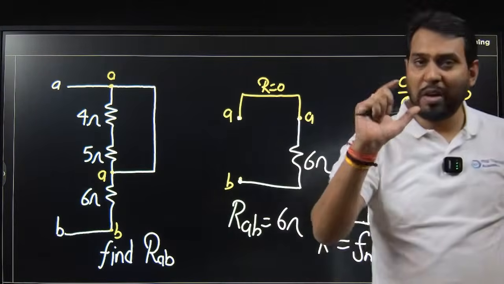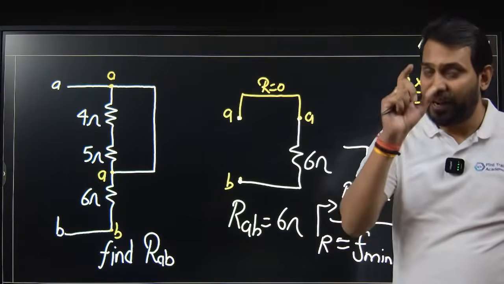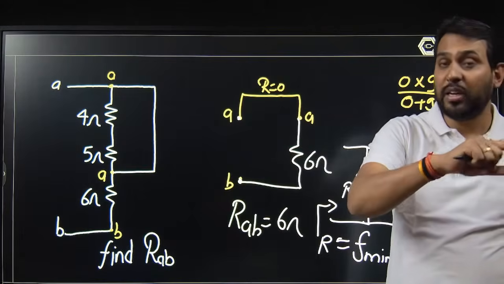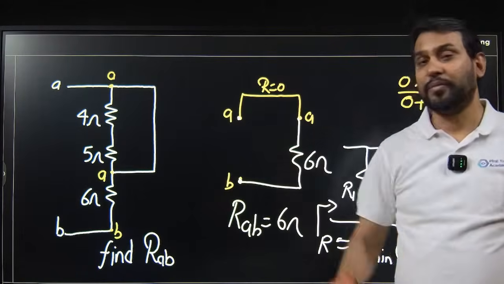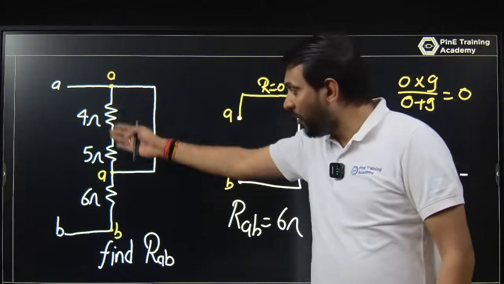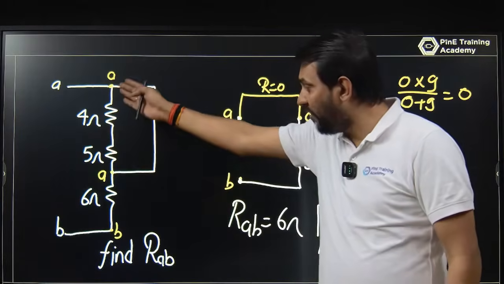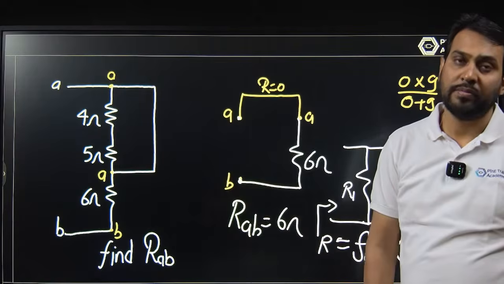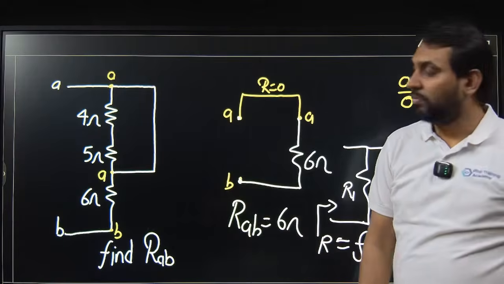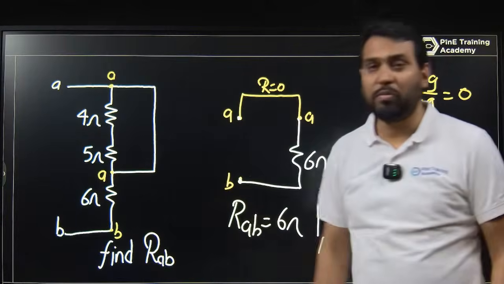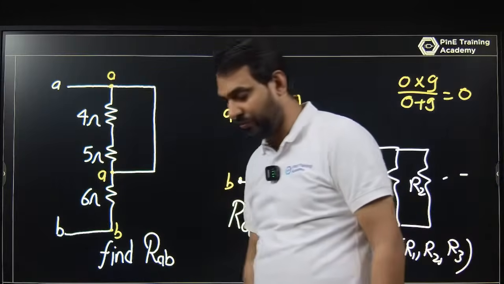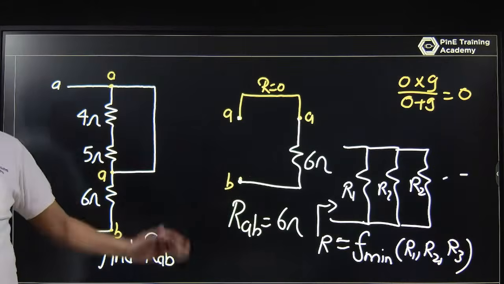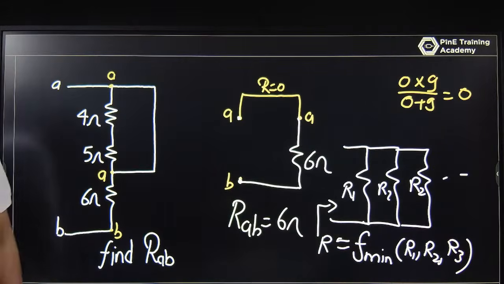Whenever you have a short circuit path, that impedance is 0, the current will pass through that, and the parallel circuit will be eliminated. Between them, 4 and 5 make 9, and if they are shorted, there is no meaning of 4 and 5. Only that impedance matters, RAB is 6 ohm. So by this question you can build your concept of a short circuit path.